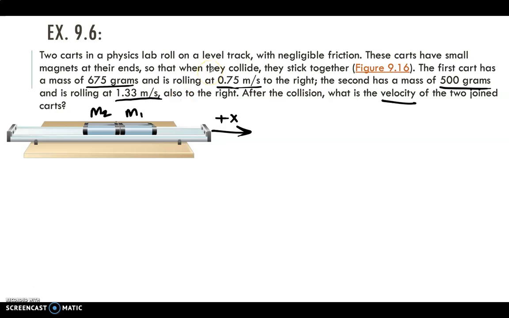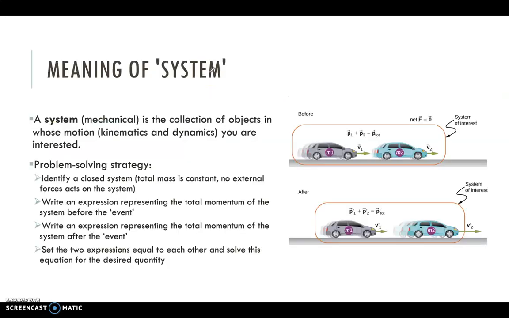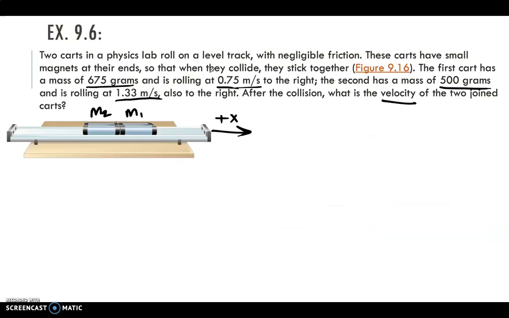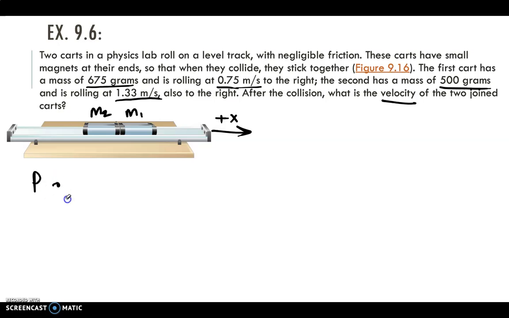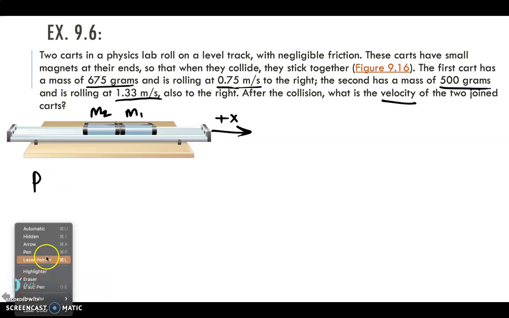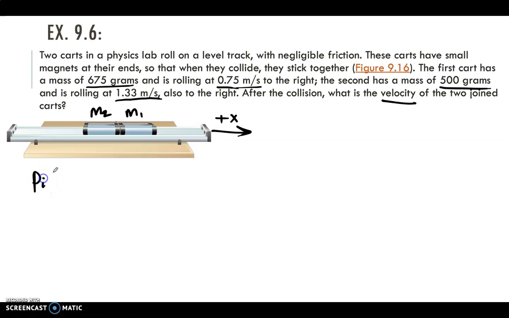Let's go ahead and follow our procedures. First, we want to identify our closed system, and that will be the two objects. Let's write an expression for the total momentum of the system before the event. We'll say P initial.